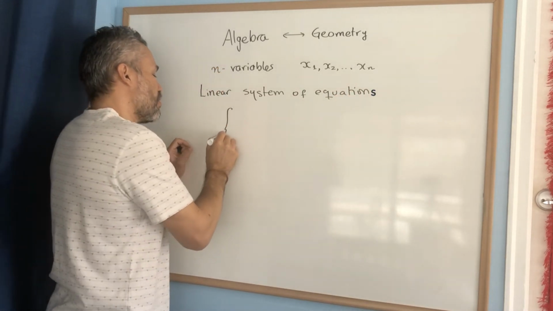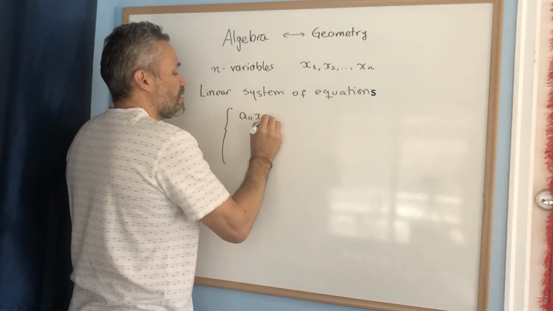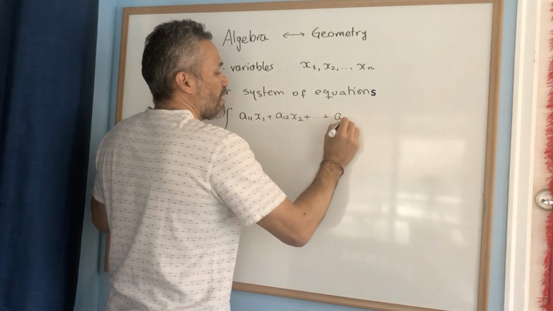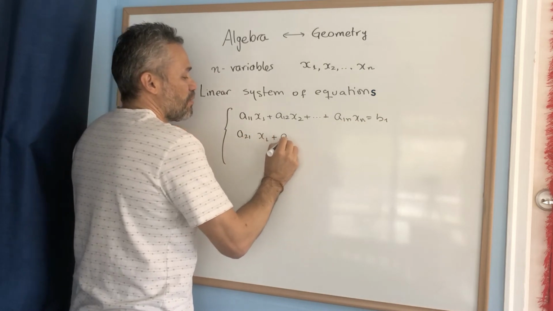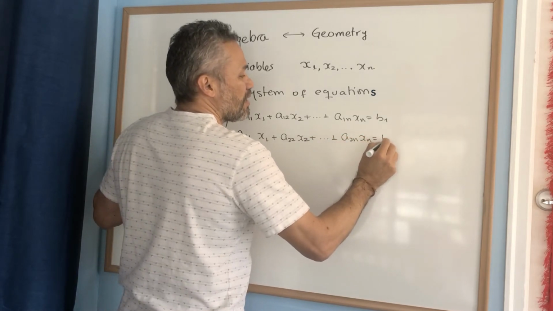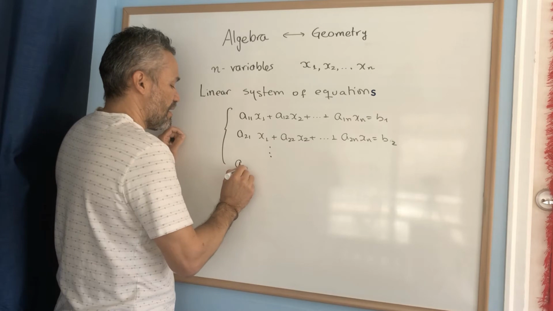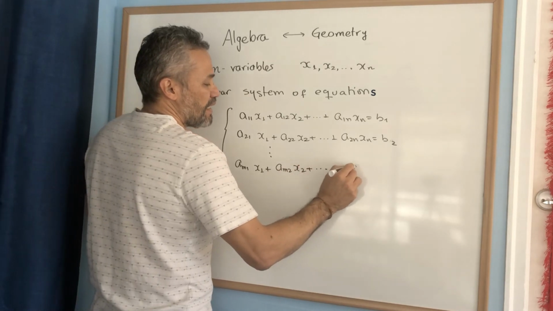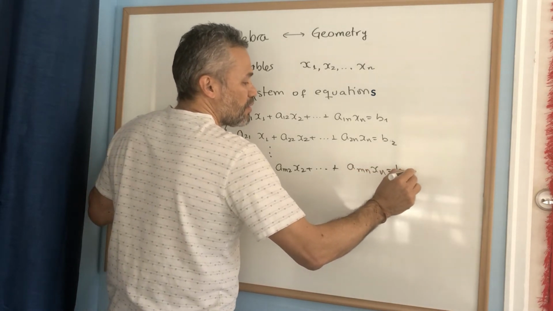is a collection of equations that can be written in this form: a11 x1 plus a12 x2 plus up to a1n xn equal to b1, a21 x1 plus a22 x2 plus up to a2n xn equal b2, and so on until am1 x1 plus am2 x2 plus up to amn xn equal to bm.